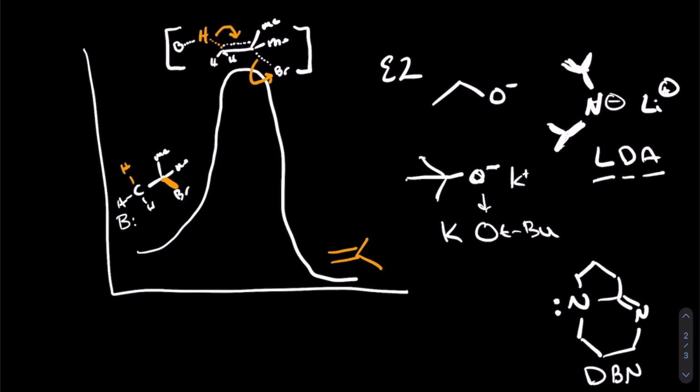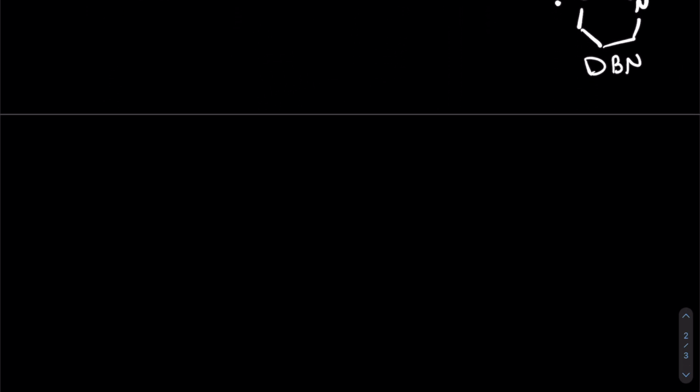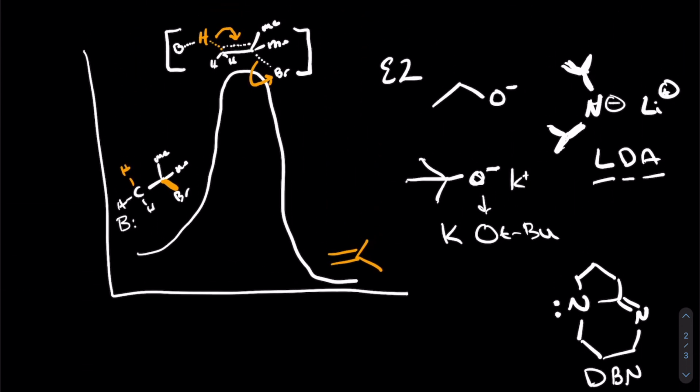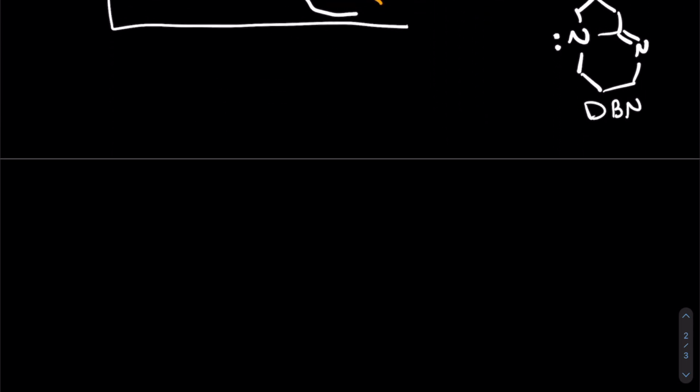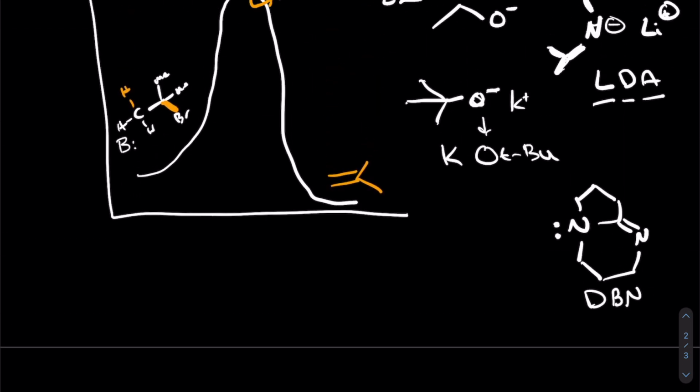And in order for an E2 reaction to occur, the transition state has to be in a very specific conformation, right? So if we look at how this happens, let's go back to this molecule and just illustrate E2 eliminations.